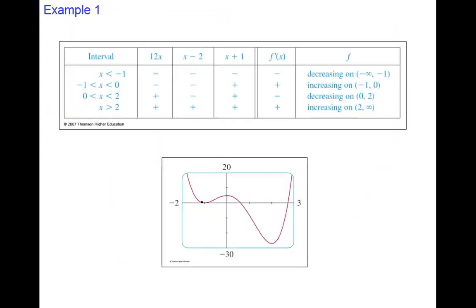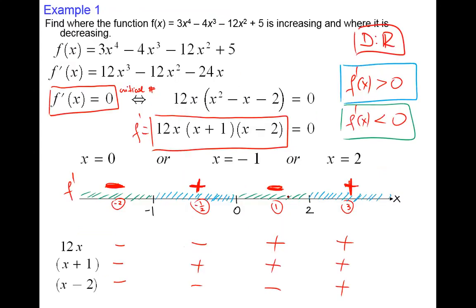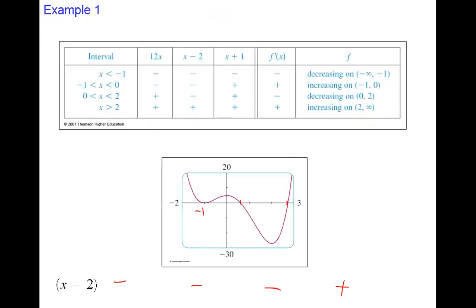What we had: -1, I can use red color, -1, 2 and 0, the critical numbers, -1, 0, and 2. Yes, we're looking for the critical points, horizontal tangent, I can draw it.